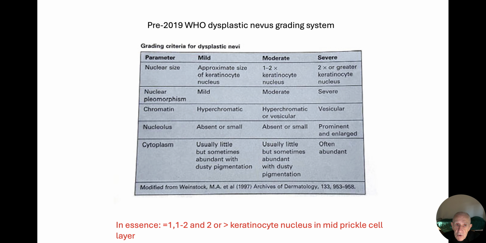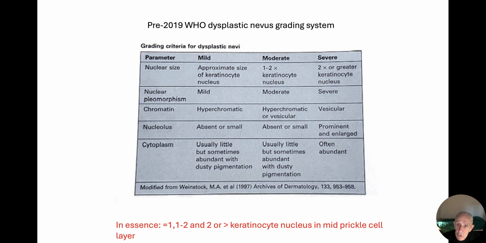And essentially, mild, moderate, and severe was basically based on nuclear size. If the nuclear size was similar to that of a keratinocyte in the mid-prickle cell layer, it was mild. If it was between 1 and 2 times the size, it was moderate.